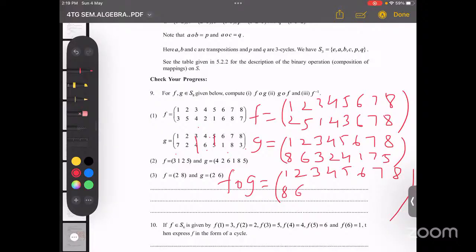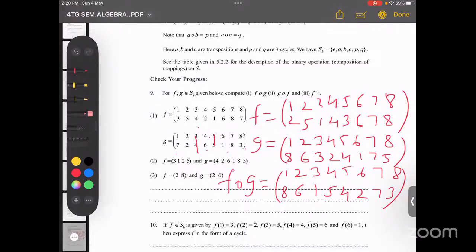Next 3 to 3, 3 to 1, 4 to 2, 2 to 5, 5 to 4, 4 to 4, 6 to 1, 1 to 2, 7 to 7, there also 7 to 7 only, 8 to 5, 5 to 3. So we got this as 8 6 1 5 4 2 7 3.